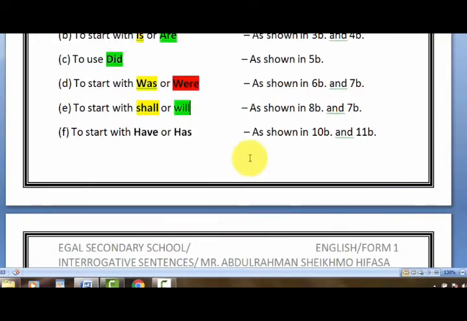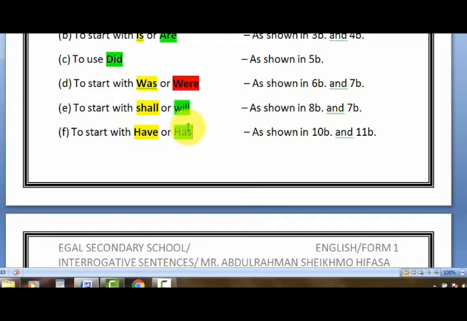To start with have and has, when you are given has and have, there's no need to look for any other verbs. Just bring them forward to the beginning of the sentence, and don't mix the sentences.